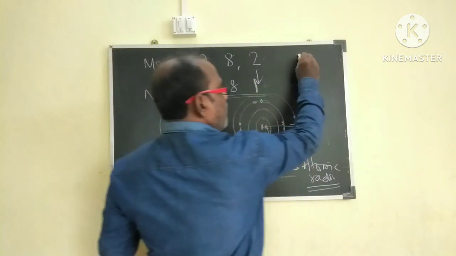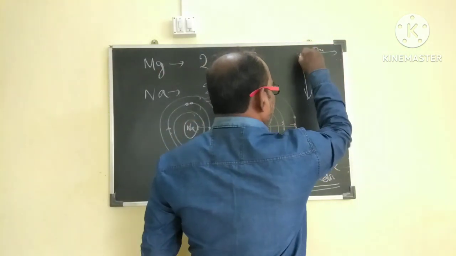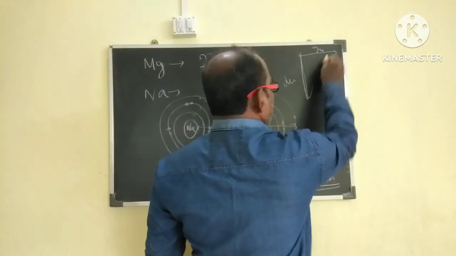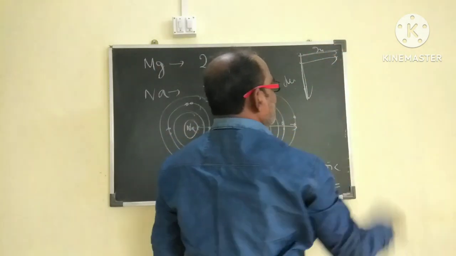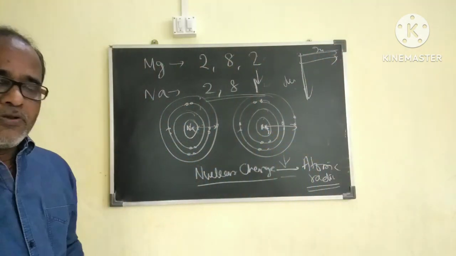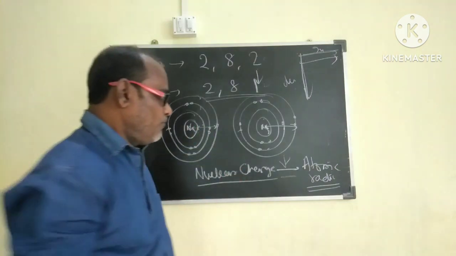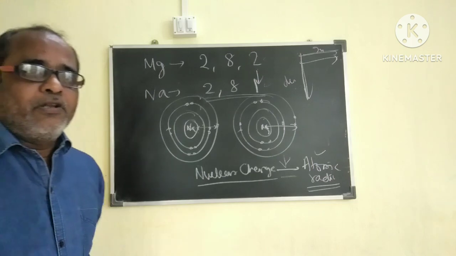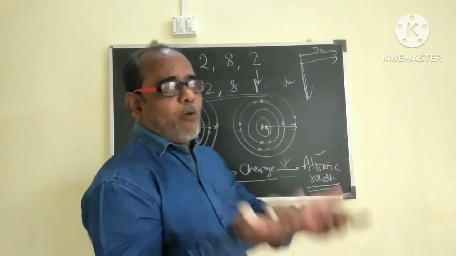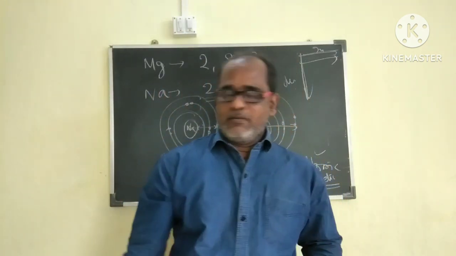So if it decreases from left to right, then from top to bottom it will increase. It will be the opposite of whatever occurs in the periodic table across the period. So now, with this concept of atomic radii, we go with the different periodic properties in this chapter.